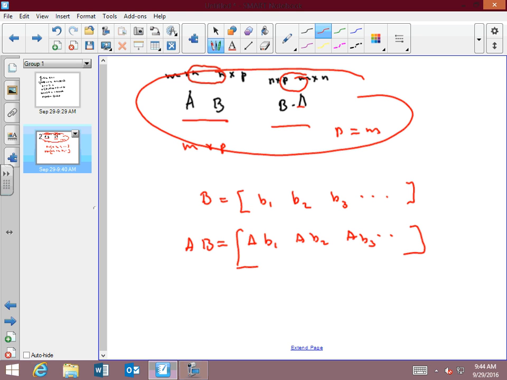So on the next page, 98, it says row column rule for computing AB.